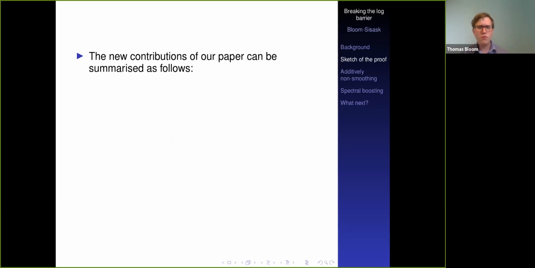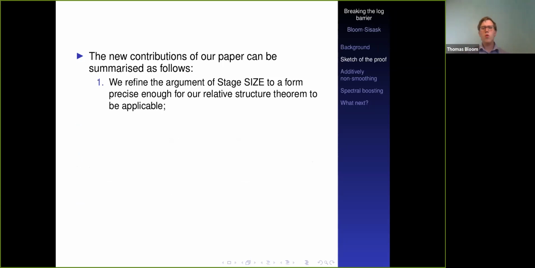So what's new to our paper that really allowed us to push past n over log n? So first of all, although, as I said, the ideas that go into this first size step, especially in the context of Bohr sets and the integers, have already been quite extensively worked out by Bourgain and Sanders, it actually turned out that to get it into a strong enough form needed for the following steps of the argument, we needed even more information.